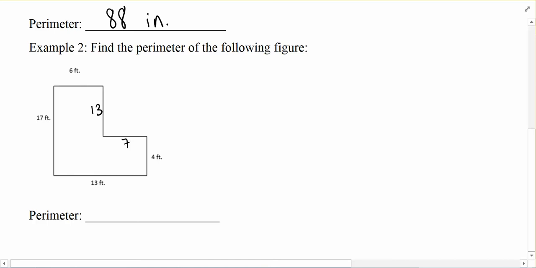And so I can do the same thing I did in the last example and say, let's start somewhere. Let's start at the 4, and let's just work counterclockwise. I've got a 7, then a 13, then a 6, and a 17, and another 13. I know I started at the 4, so I've got everything covered.